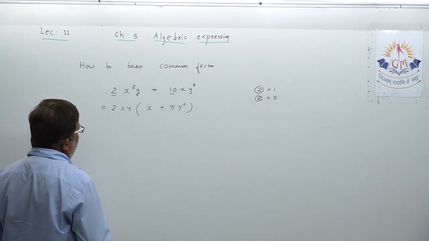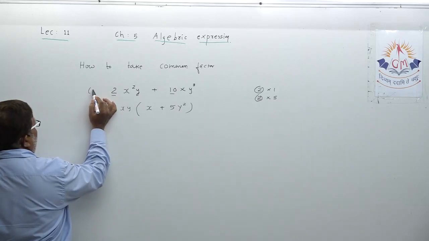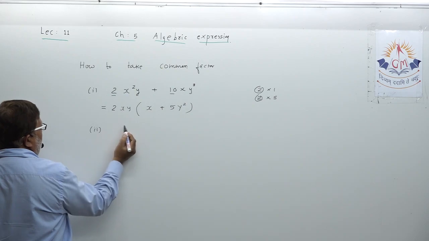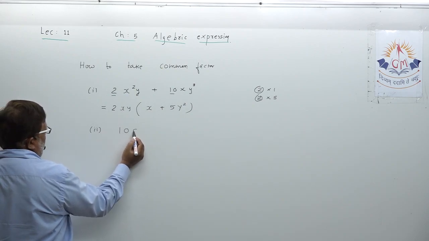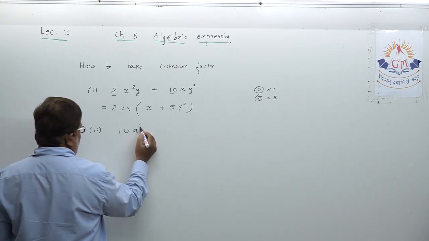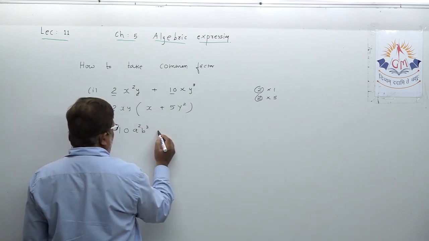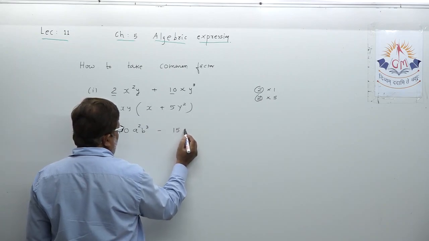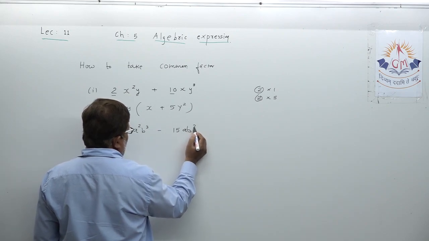Suppose let us take one more example of taking out common, dear student. Suppose I give this way: 10 a square b cube minus, suppose 15 a b square.